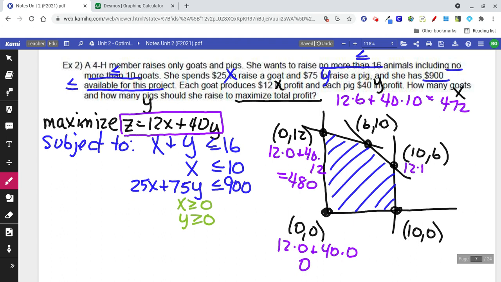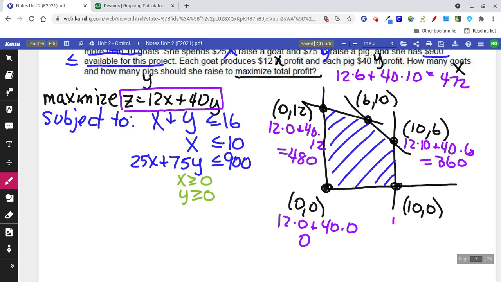And 12 times 10 plus 40 times 6 is 360. And 12 times 10 plus 40 times 0 is 120.